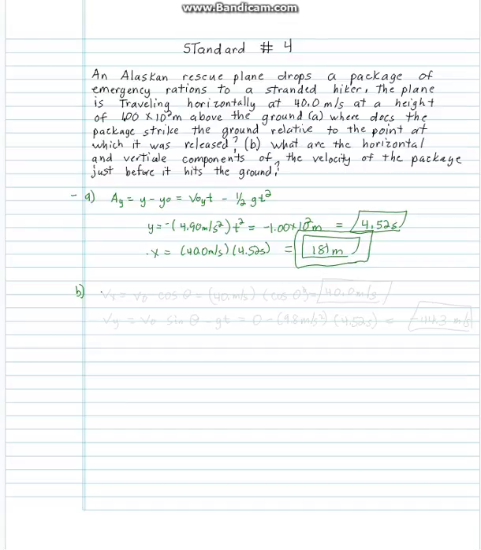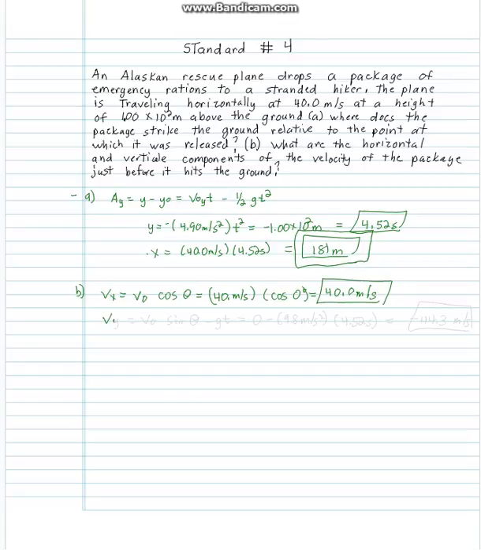And to do that, we're going to use the formula v of x equals v of 0 cosine of theta, which when we plug in those numbers is 40 meters per second times our cosine of 0, which equals 40.0 meters per second. That's on our x direction.